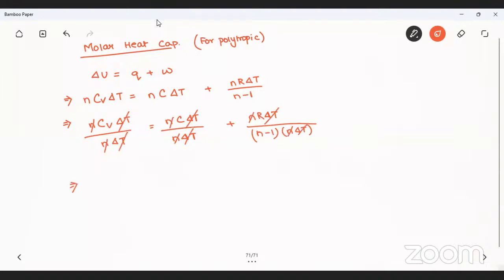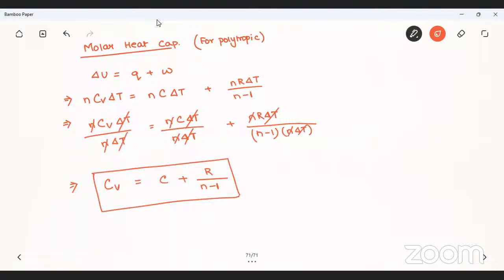So what we are left with is Cv is equal to C plus R by n minus 1. So this is a very important formula: Cv is equal to C plus R by n minus 1.